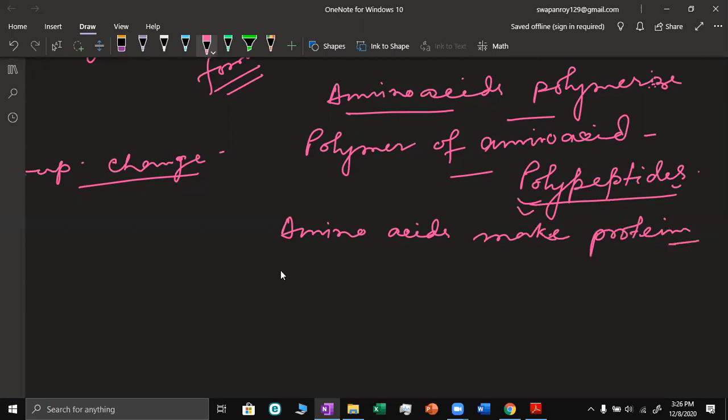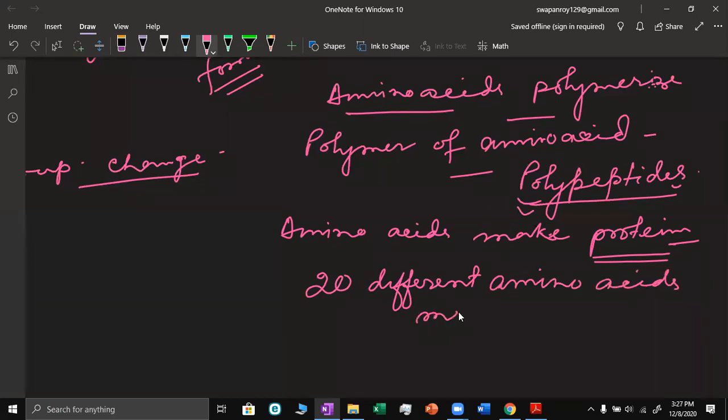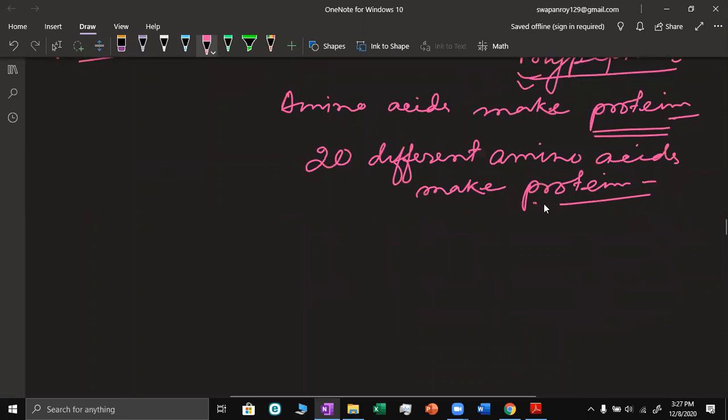There are many amino acids because the R group can change a lot, and there is a variety of amino acids, but for making protein only 20 different amino acids make protein.